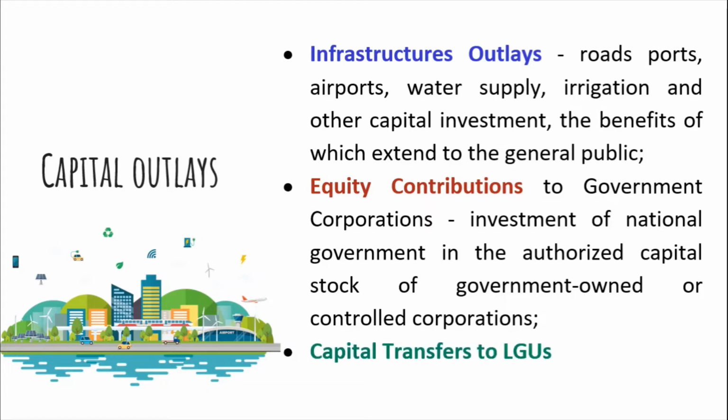The next one is the capital transfers to LGUs. Particular na dyan yung internal revenue allotment or the IRA that is being used by the LGUs for the development of their projects. Other capital outlays like land acquisition and land improvement and others.